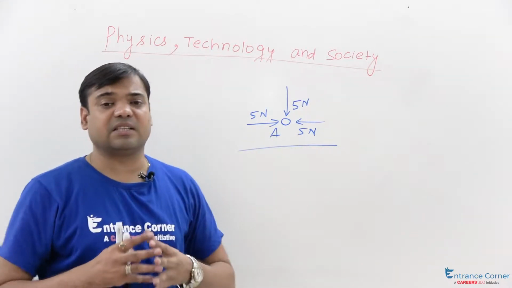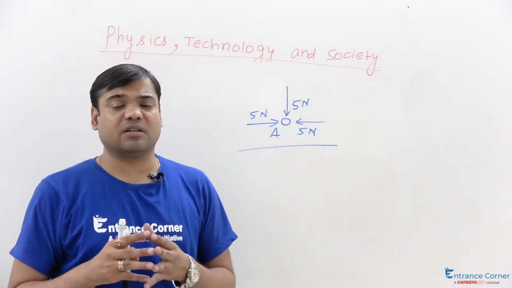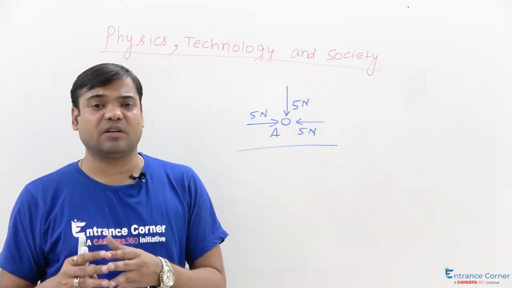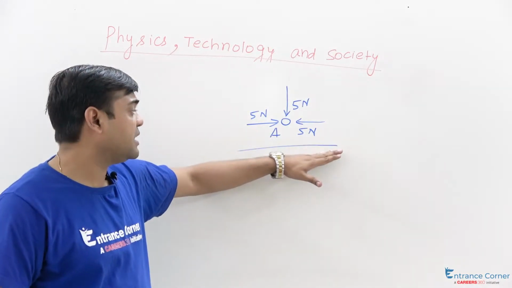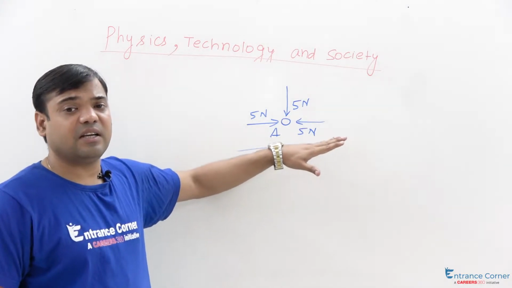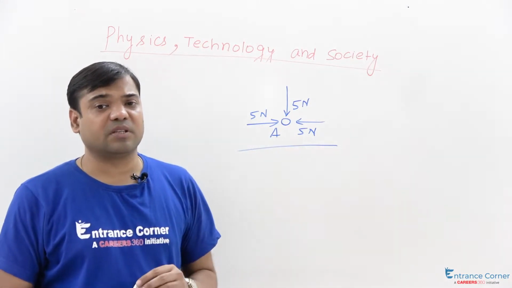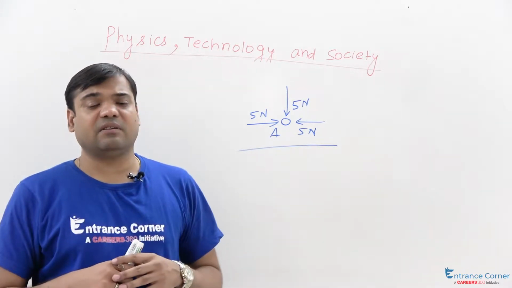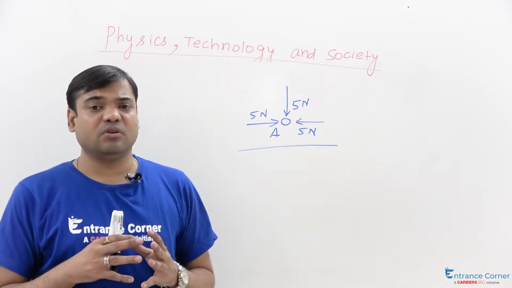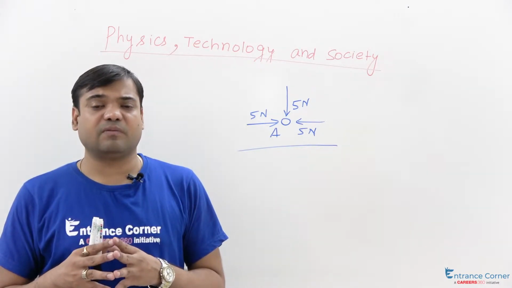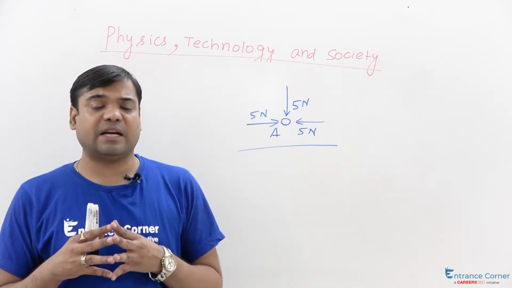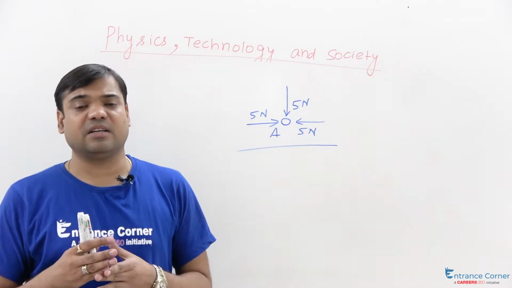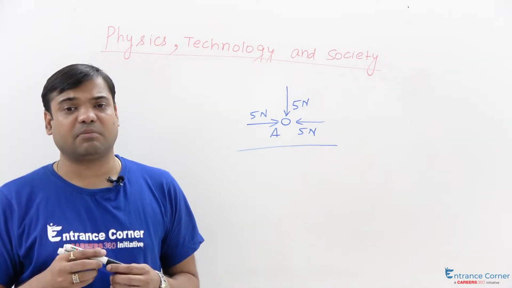So whatever the change in the position or other physical quantity of this body, it can only be described if the direction along with the magnitude of this force is given. So to completely describe a vector quantity, we need to quantify the value of that quantity, that is magnitude, and also the direction in which that quantity is being applied.